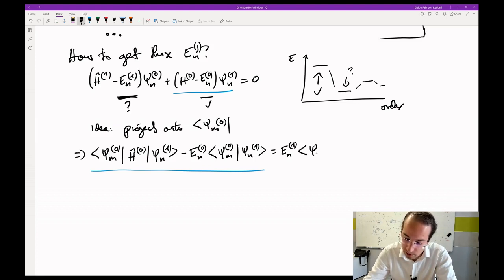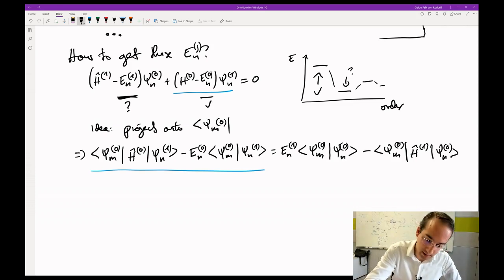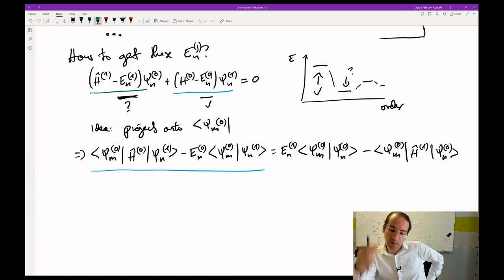N zeroth order times n zeroth order minus the Hamilton operator, this time in first order perturbation on psi n. Let's just take the first expression and then left multiply with this bra.